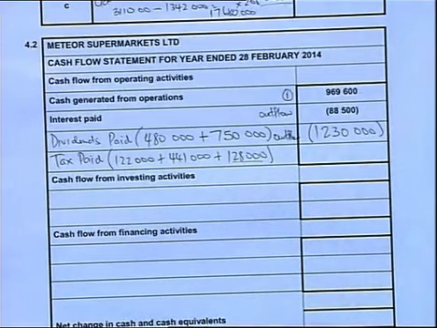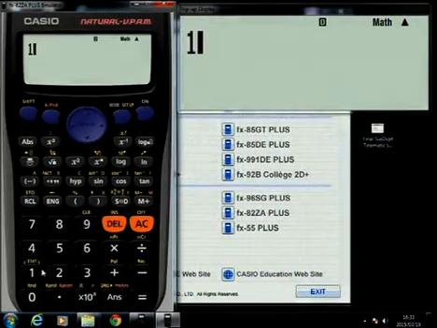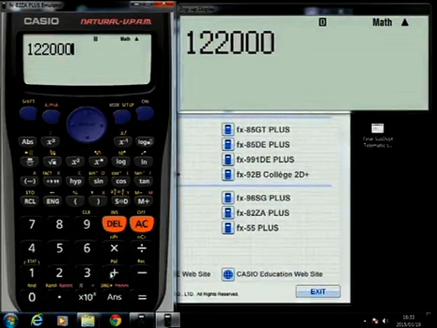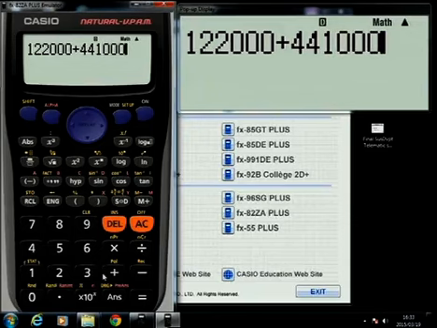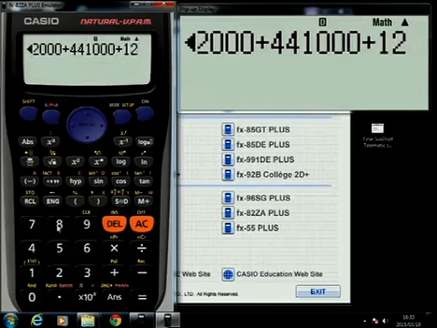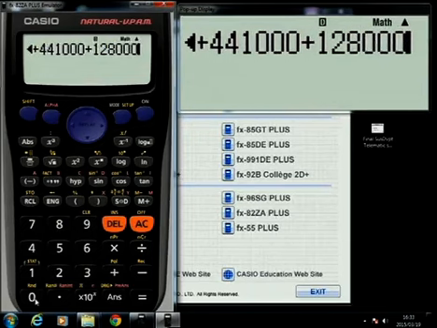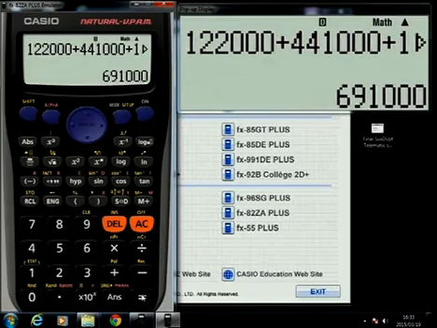Okay, so the opening balance was 122,000, plus 441,000, plus 128,000. And the answer comes to 691,000.